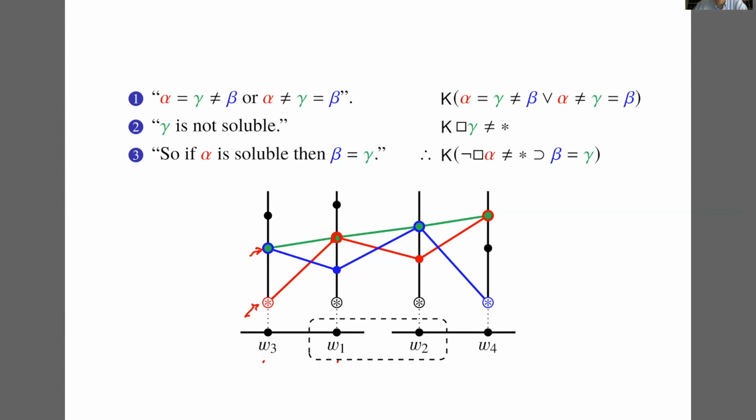So this is a counter model to the inference that seemed like just a valid inference in first order language. Okay, so that's good.